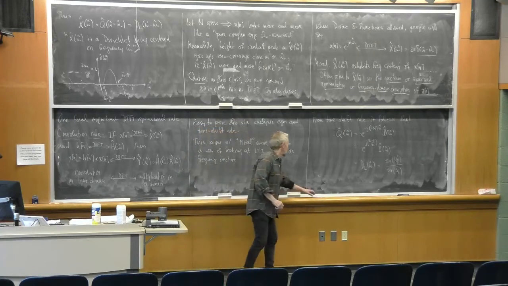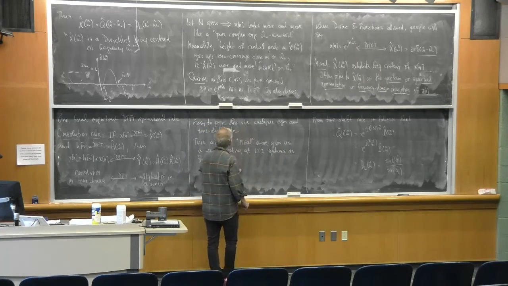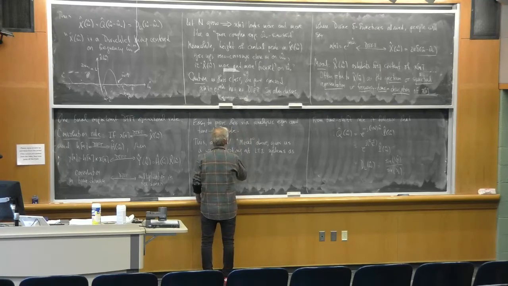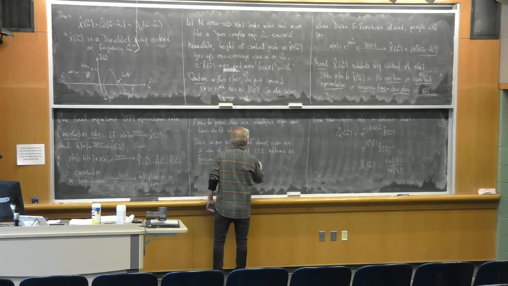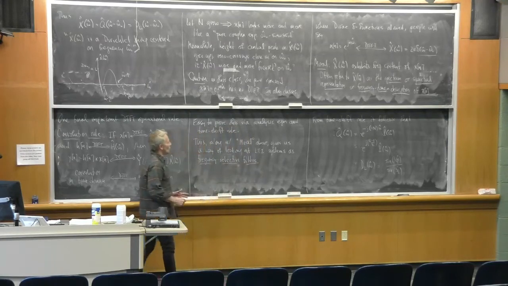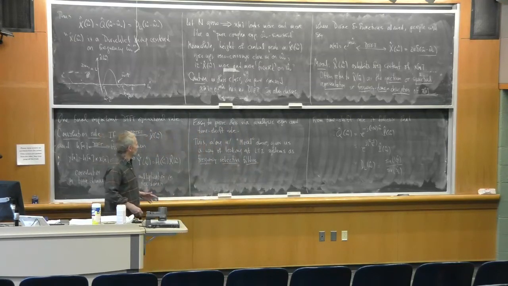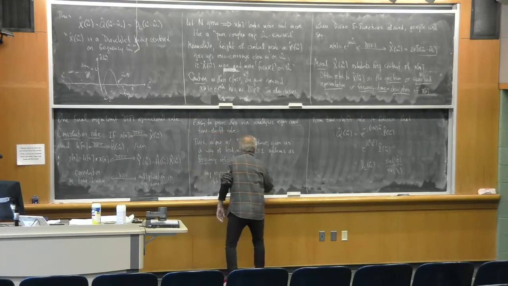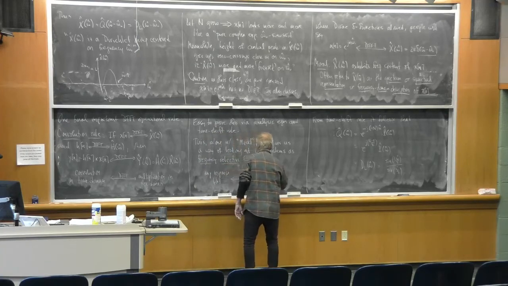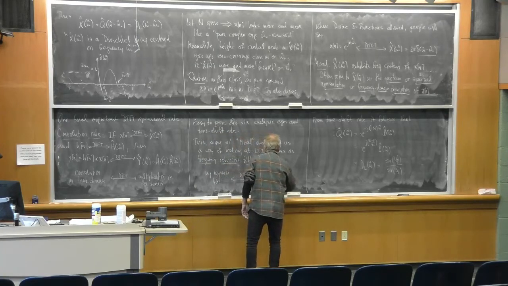Frequency selective, not selective. There's no word selective. Okay, so why? We've already seen that when you have a system with impulse response h of n, it is going to be in a DTFT pair with frequency response h hat of omega hat.